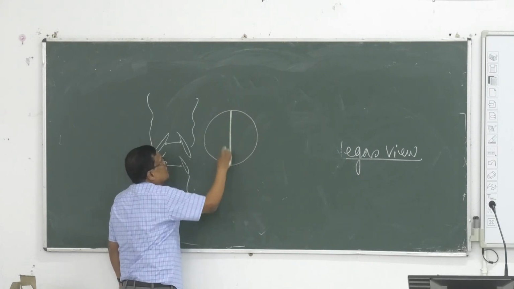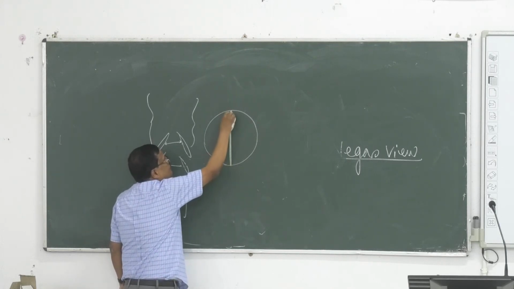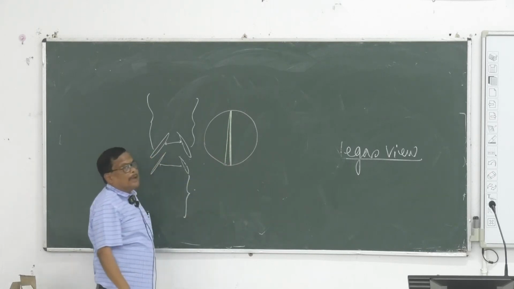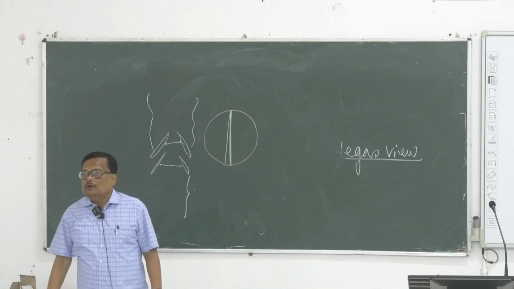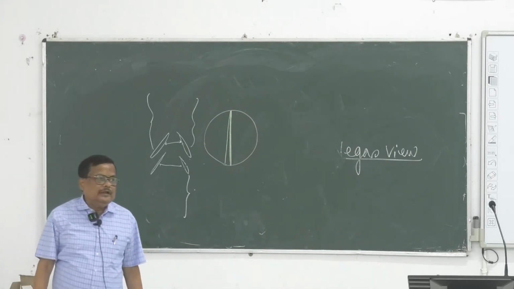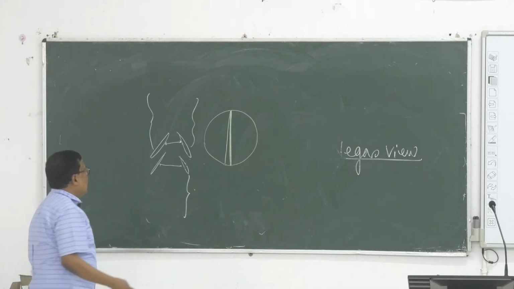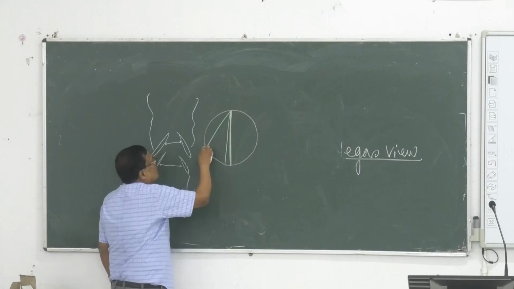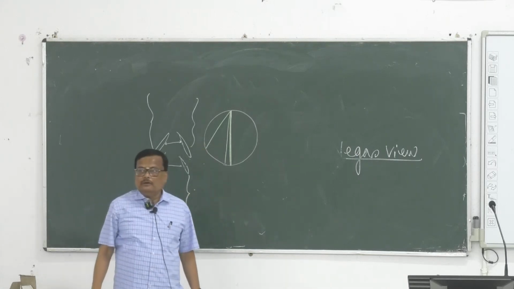Median vocal fold, just a little away, 1.5 millimeter, 0.5 millimeter, we call paramedian position. And much farther, about 7.5 millimeter, we call abducted position.